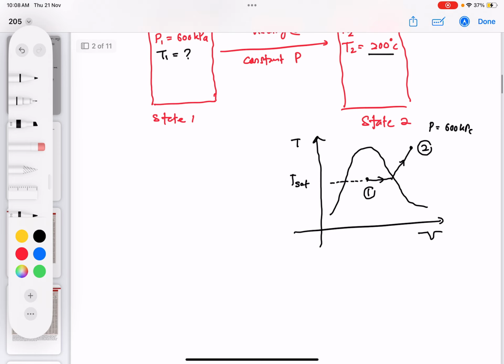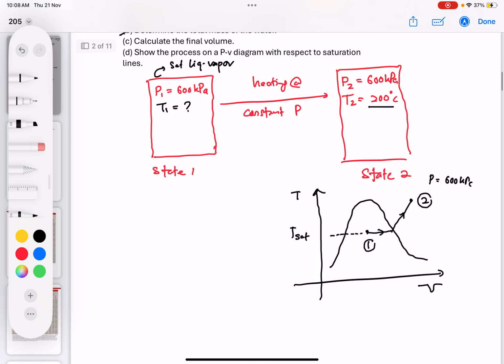Calculate the final volume. For the final volume, the question is what is the final volume, meaning the volume at state 2. First, in order for me to get the volume, I should note that from the steam table I can get the specific volume, v2.